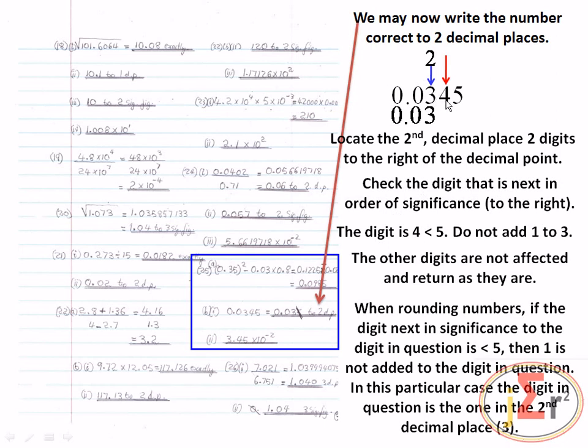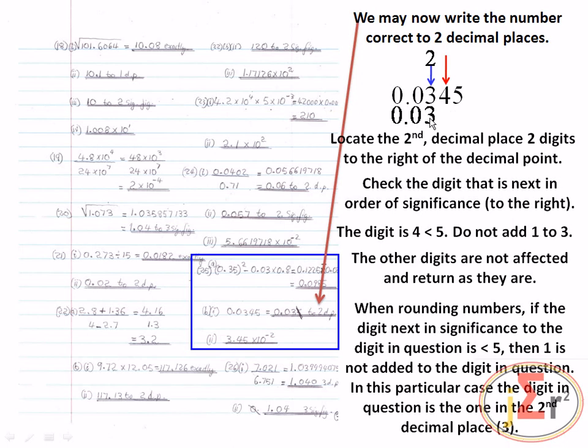This one is the one next in order of significance to it, and its value is less than 5, so we do not add 1 to the digit in question.